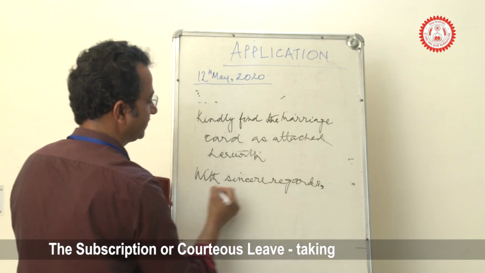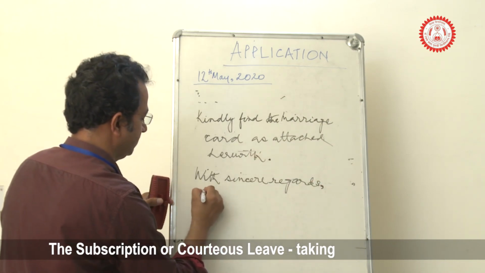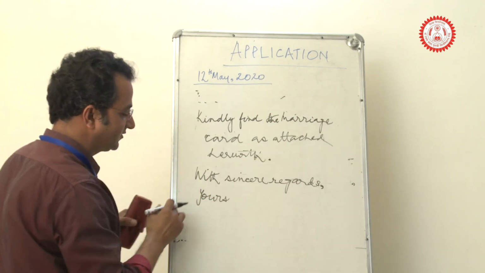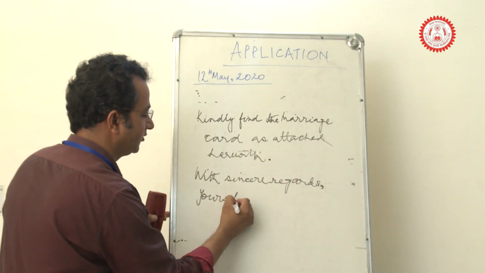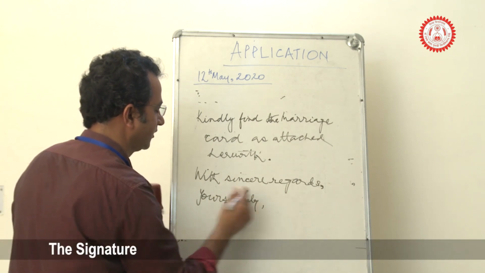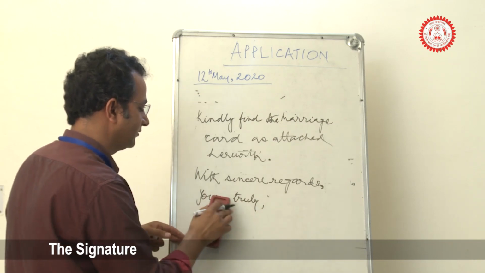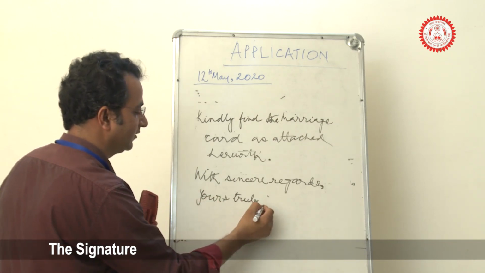This comma is very important. Yours, many of you write 'your truly'. This is wrong. This will always be 'yours truly'. If you write 'your truly', it will be wrong. If you write 'yours truly', only then it will be correct. And then give a comma.